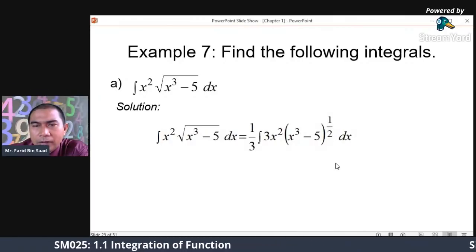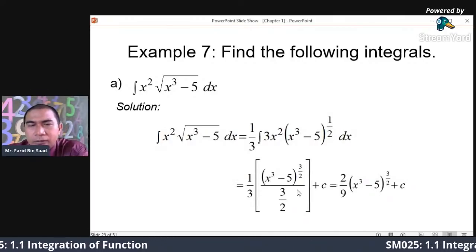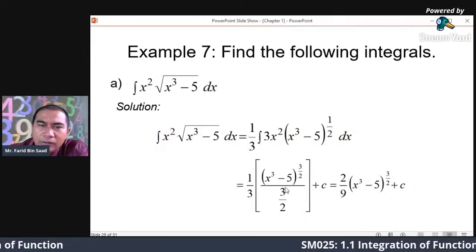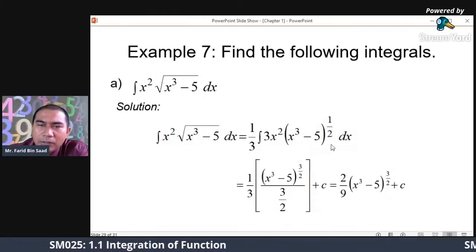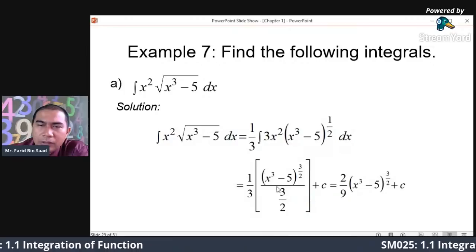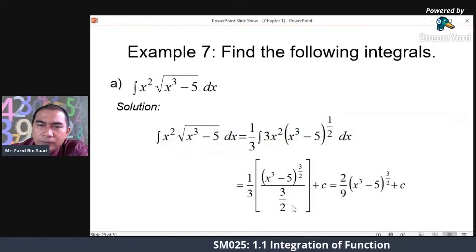Next we integrate based on the formula, where fx power 1 over 2 plus 1, we get 3 over 2, and then divide with the power 3 over 2, plus c.